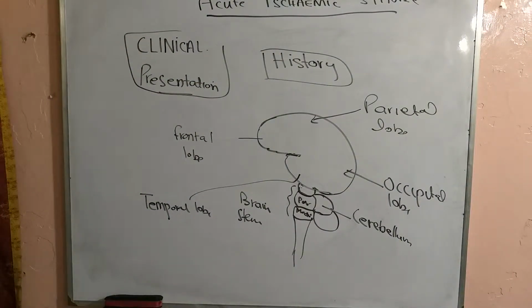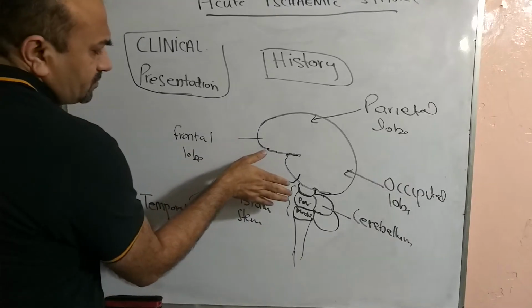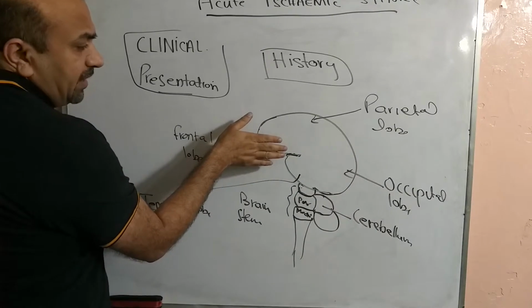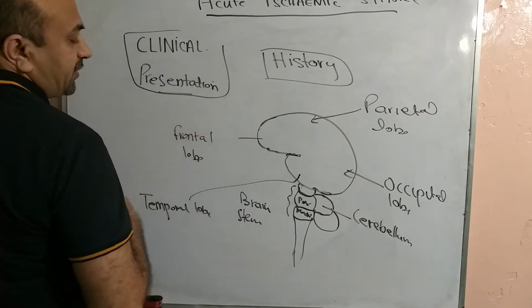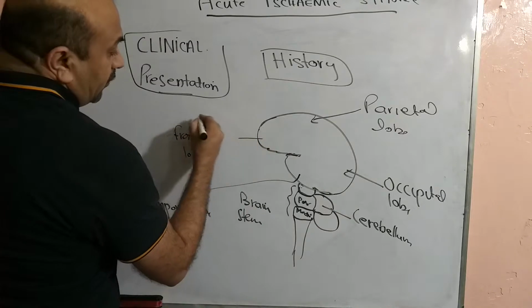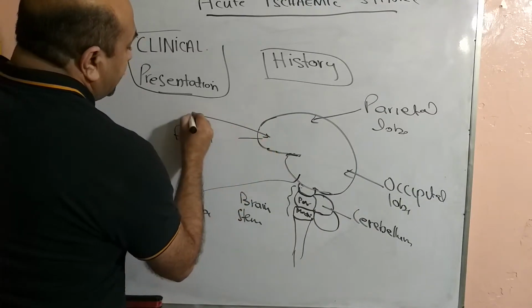Now, when we talk about the clinical symptoms of the patient who is presenting in the emergency department with a suspicion of having acute ischemic stroke, it largely depends upon which part of the brain is affected by occlusion of the blood supply in which cerebral artery. For example, the medial side of the frontal lobe and the parietal lobe is affected by the involvement of the anterior cerebral artery.